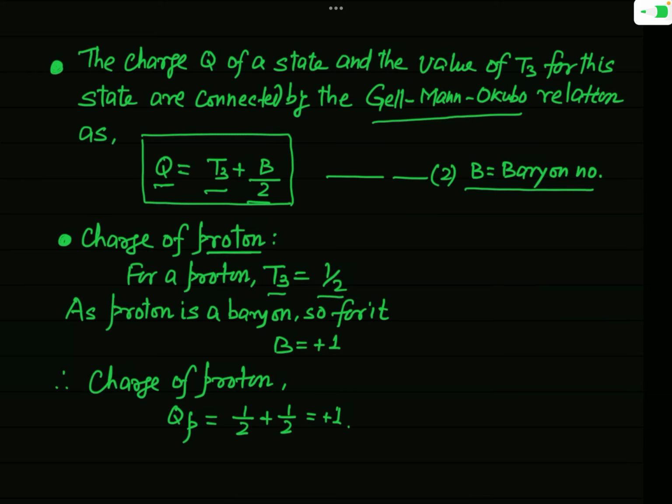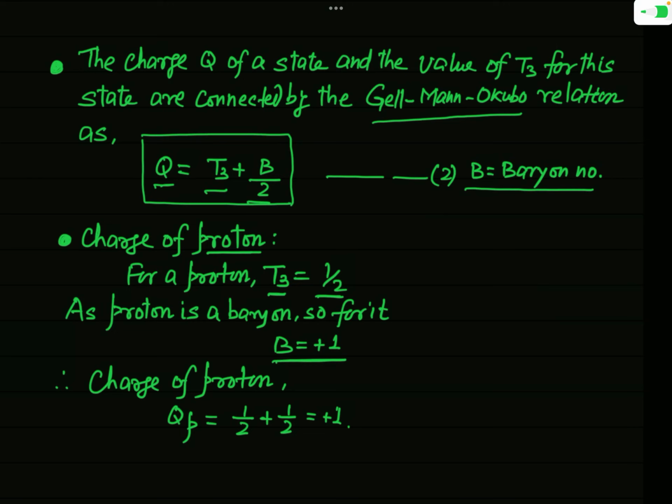And as you know, for any baryon, the baryon number B is equal to plus 1, and a proton is a baryon. You have seen in the previous lecture that for a baryon the number is plus 1, for an anti-baryon it is minus 1, and for other particles, it is 0.